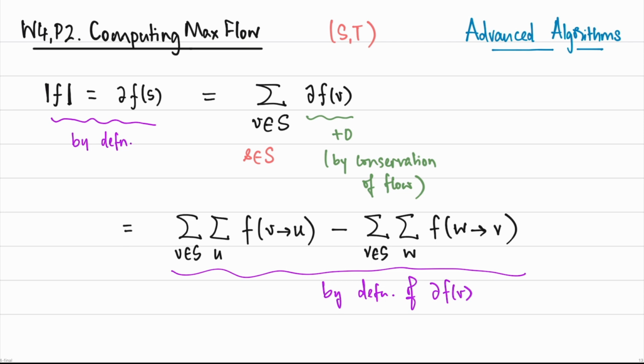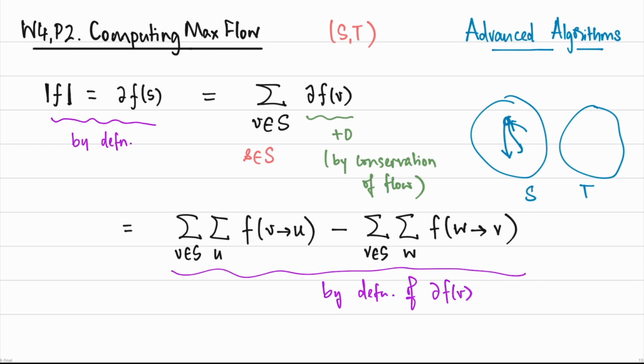And now I want to observe here that if you think about what we are looking at, we're looking at the net flow for vertices that belong to S. And so we're looking at all these edges that are incoming and outgoing.